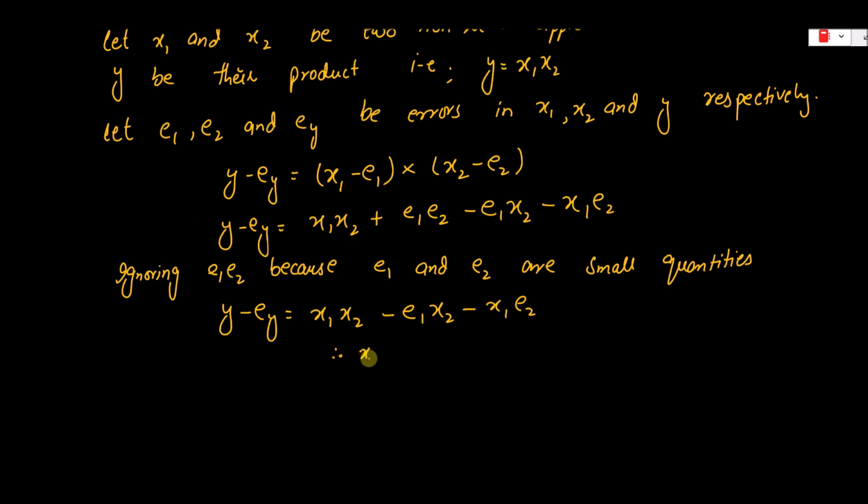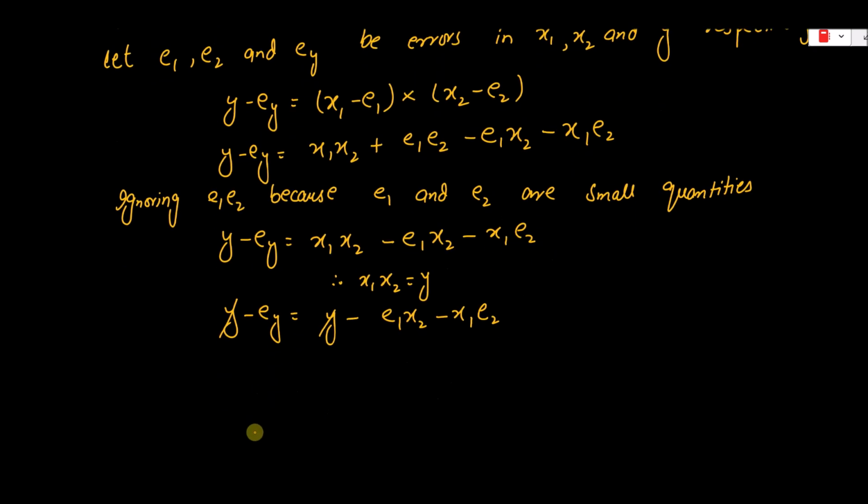As we know that x1 x2 is equal to y, we are going to substitute back into the previous equation. So this will cancel out with this, and we write minus ey equals minus e1 x2 minus x1 e2.